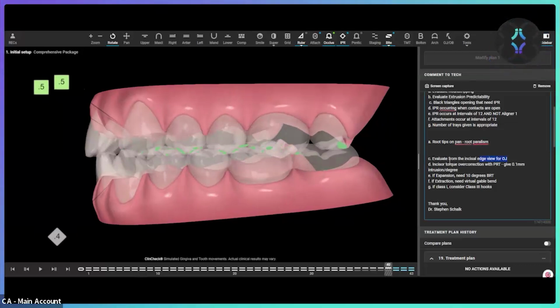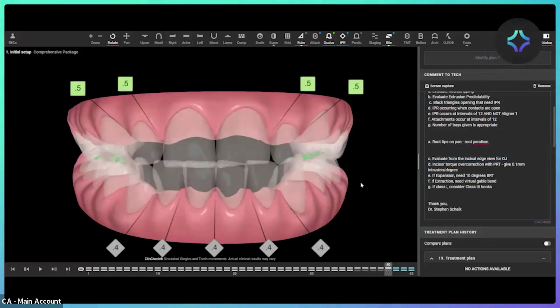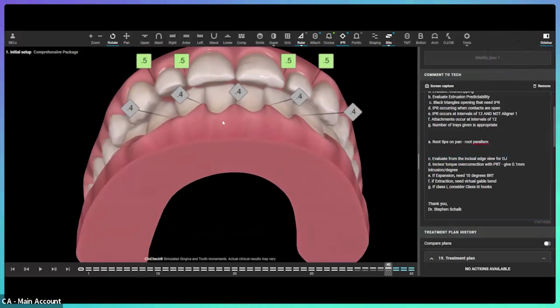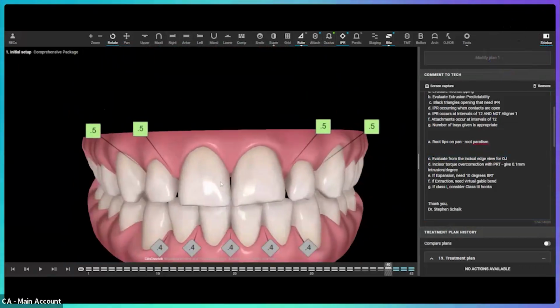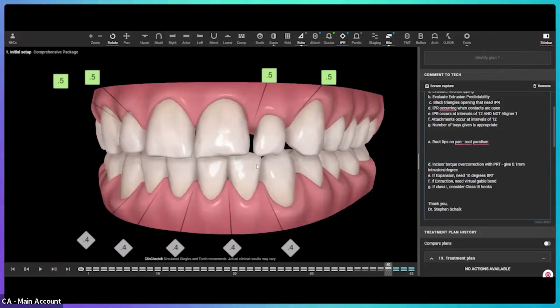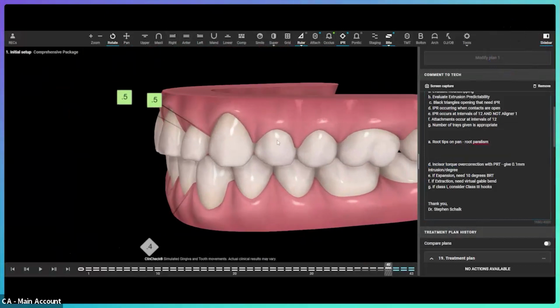Next one is evaluate the incisal edge to see if there's enough overjet. We're tight. We're definitely tight, but I think we do have enough space. Okay, do we need torque on our incisors?